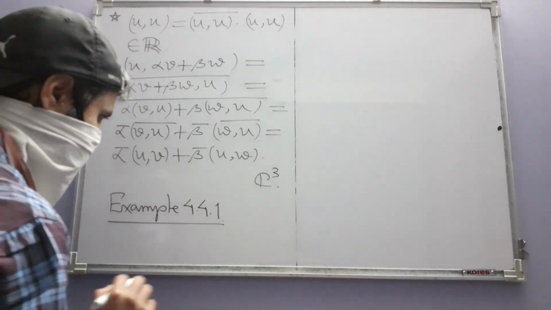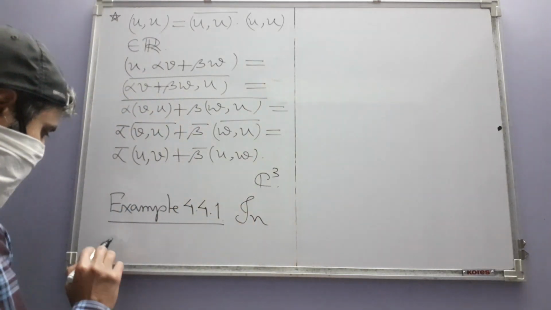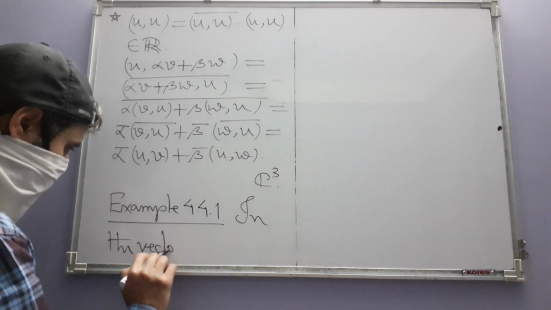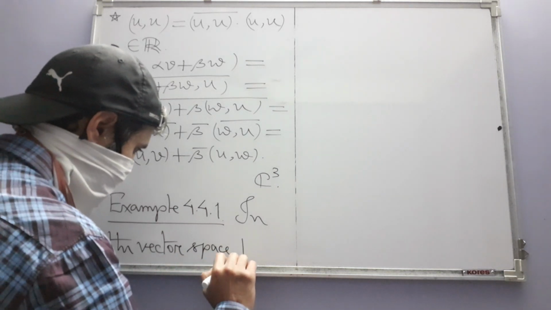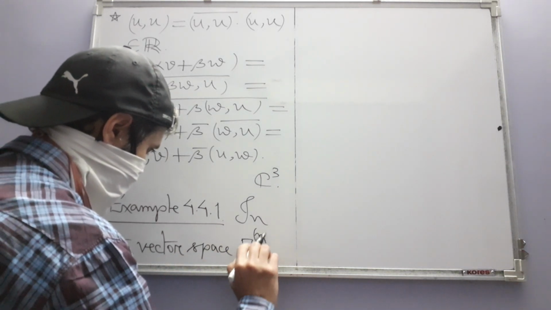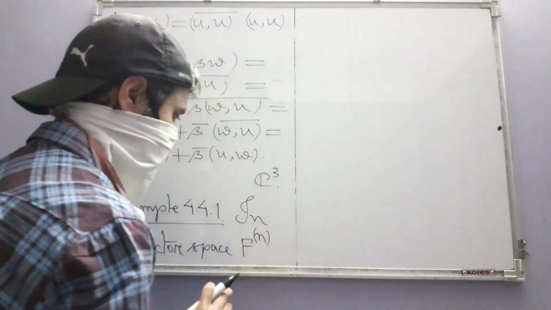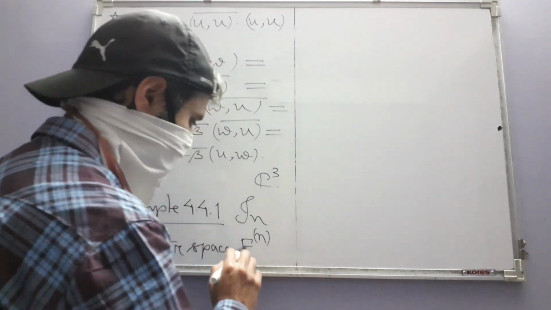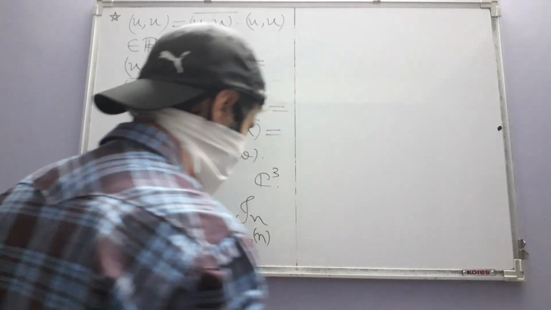So he just simply writes, in the vector space F^n, we already know what this space is. It is the space of n-tuples of field elements. We have seen this for general F, but now our F of course is a special kind of F.